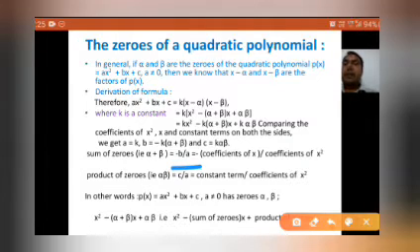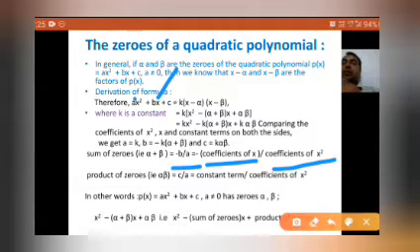Minus b by a is the coefficient of x divided by the coefficient of x square, with a minus sign. So this is the relation between zeros and coefficients.